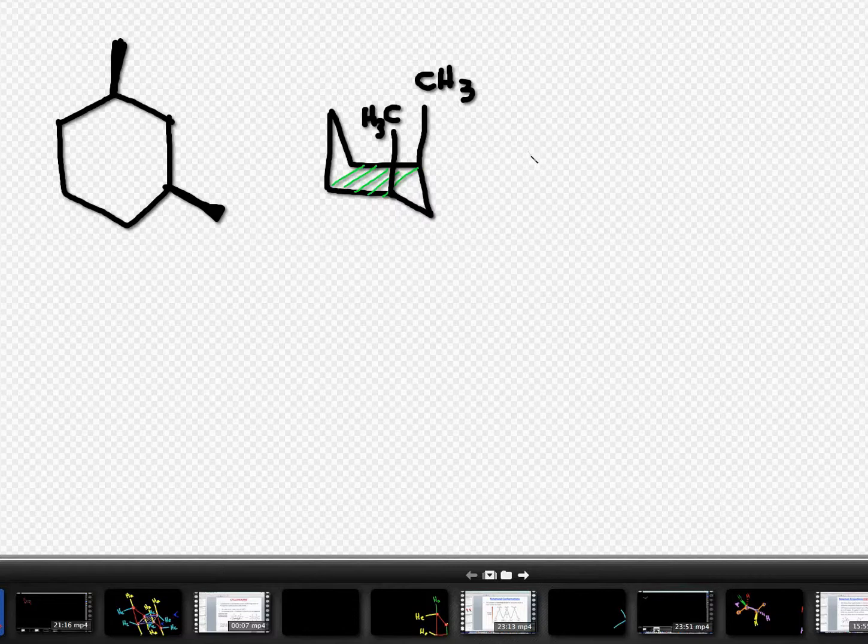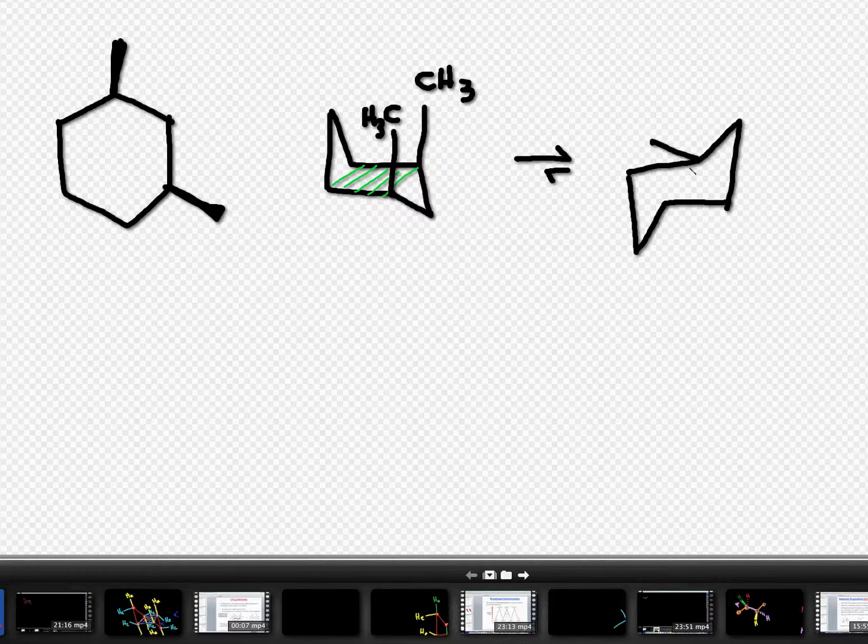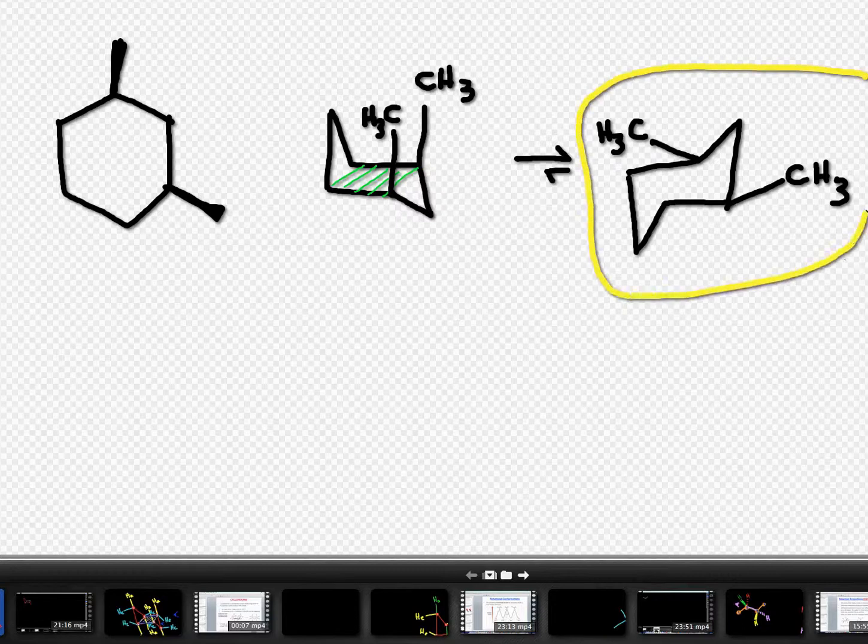Both of these are axial. Which is not nearly as good as when they are both equatorial. So the conformation to the right is lower in energy than the conformation to the left.